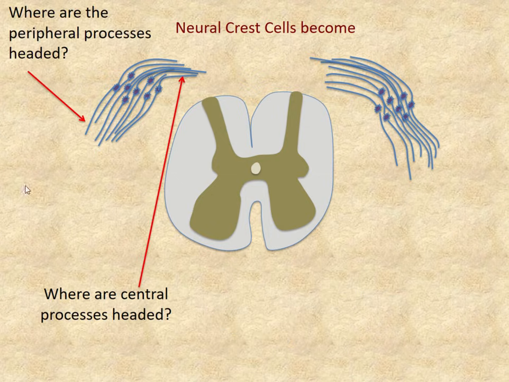The peripheral processes grow out to lots of places, anywhere that's going to receive sensation. I guess the easiest thing to hold on to is somewhere like the skin.